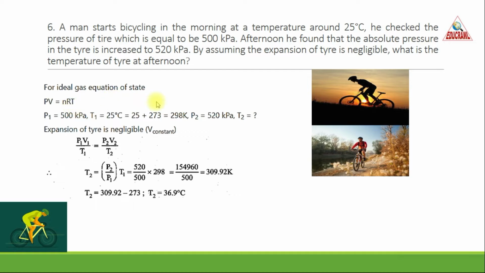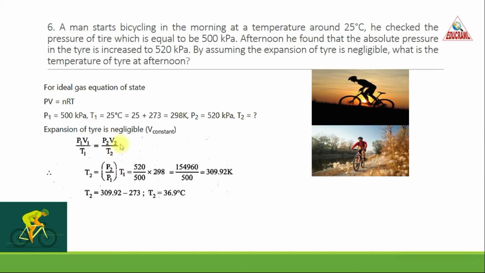For the afternoon process, it will be P2 V2 is equal to n R T2. We know that the expansion of the tire is negligible, that is, volume remains constant. So we can rearrange the equation as P1 V1 by T1 is equal to P2 V2 by T2.